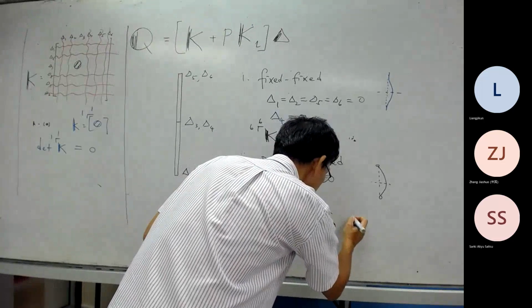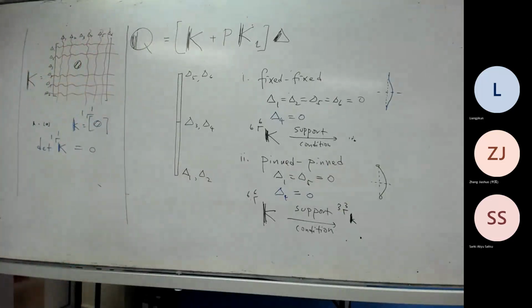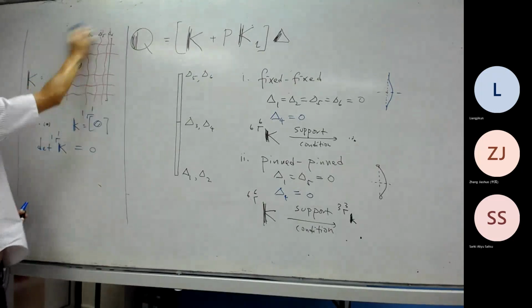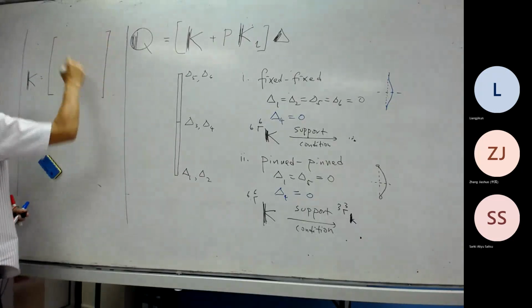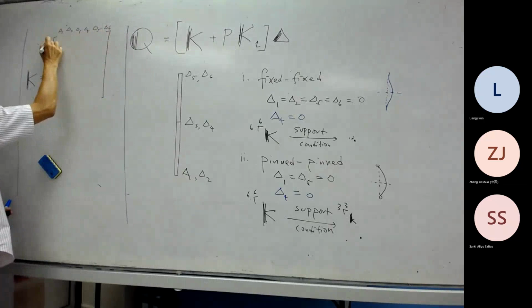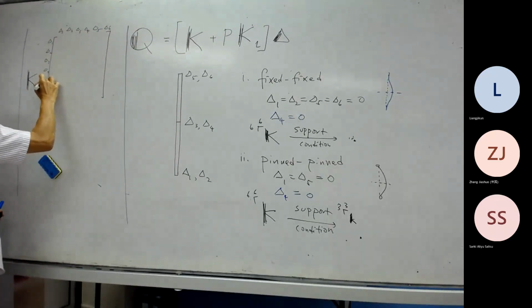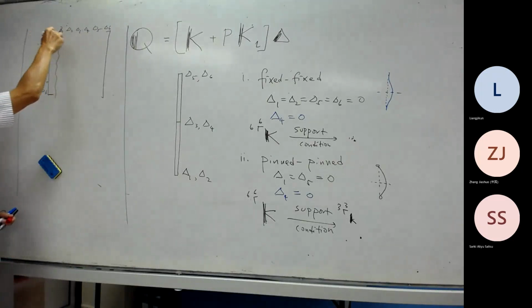So this is a bit larger. 3 by 3. Now, if I come back to this here, if we do the same thing for this case, delta 1 is 0, this also 0.